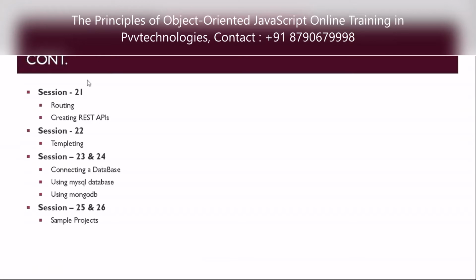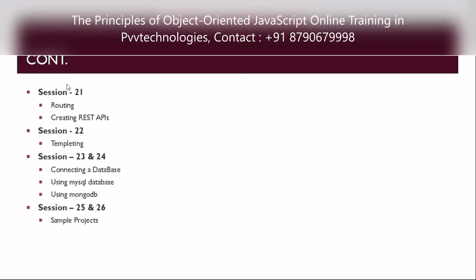In the next session, we will cover some database basics. We will understand how to connect to a database and how to communicate with the database. We will also go through other databases like MySQL and MongoDB.